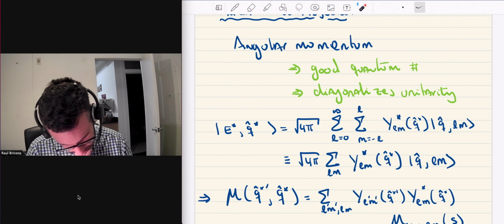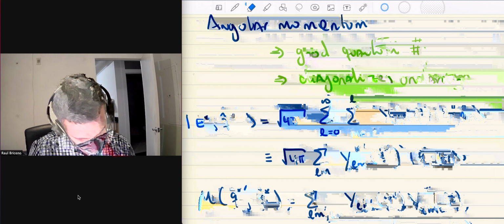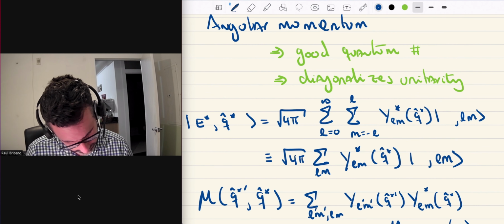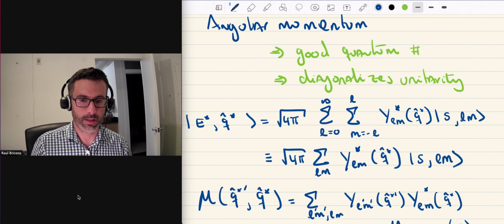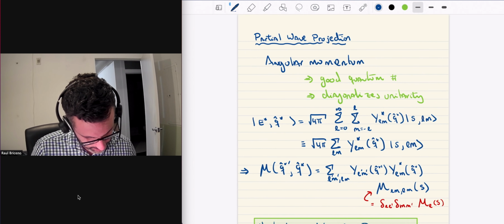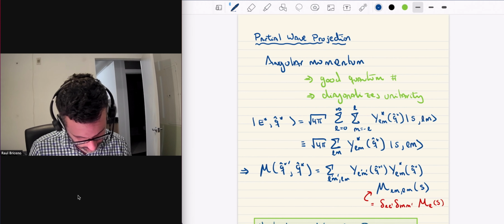Whoops, I see a typo, so let's fix this. Okay, so my states are defined in terms of L, M, and S, or equivalently E star. I could have picked one or the other. I'm going to try to use S as much as possible, but sometimes I use E star.